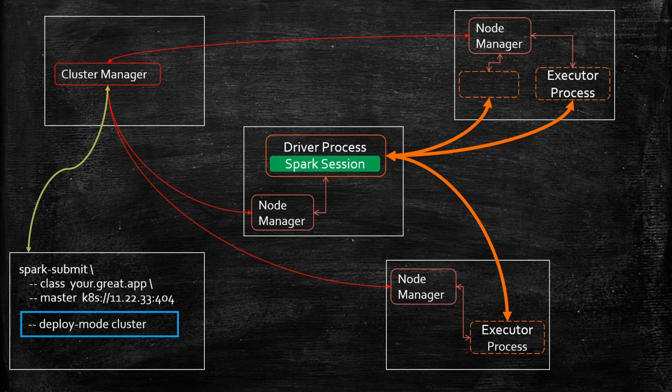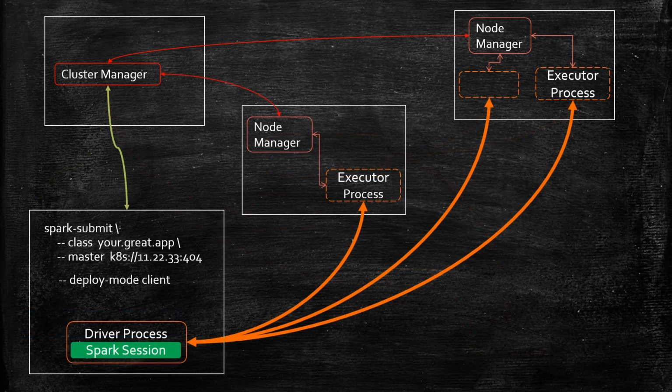We can also decide that the Spark driver process should not run inside the cluster, but outside of the cluster. This is what we call the client mode. So when we deploy Apache Spark using the client mode, the Spark driver will run on a machine that is not part of the cluster.